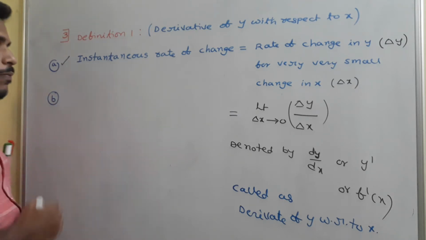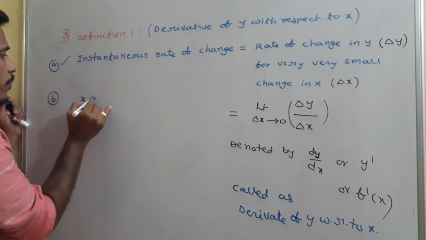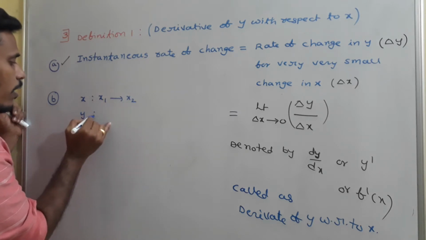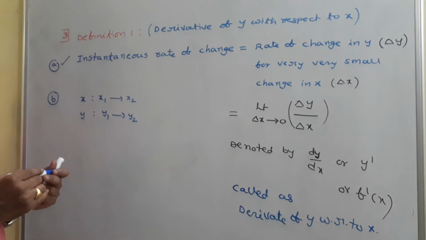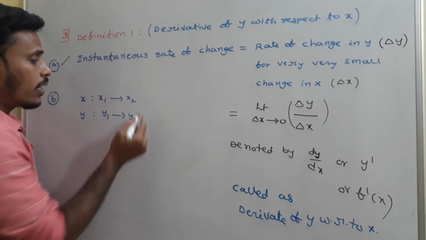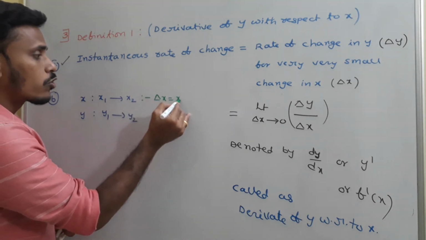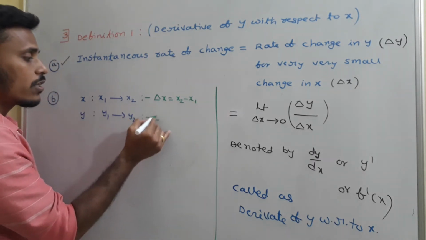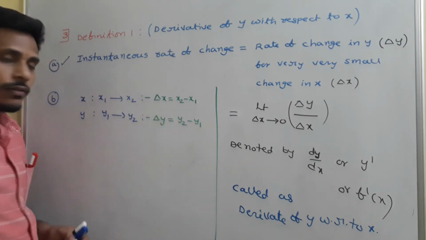Suppose x is changing from x1 to x2 and y is changing from y1 to y2. From this one thing is clear that delta x is equal to x2 minus x1, and delta y is equal to y2 minus y1.